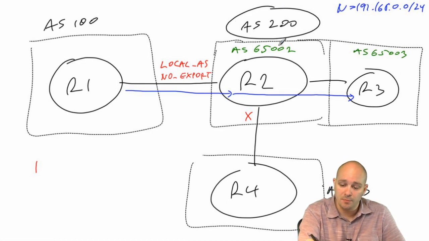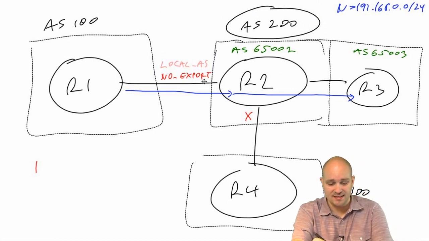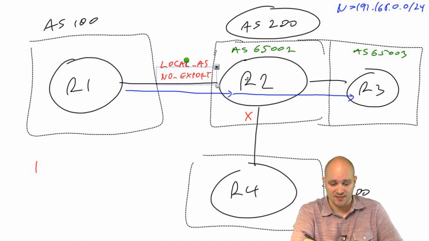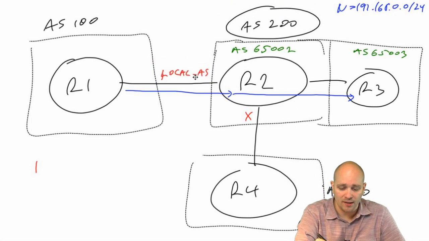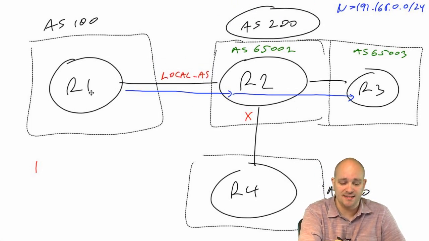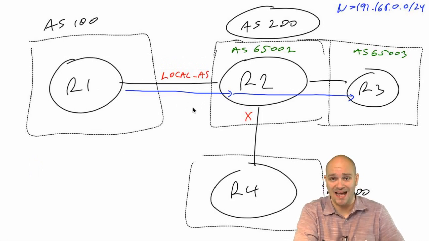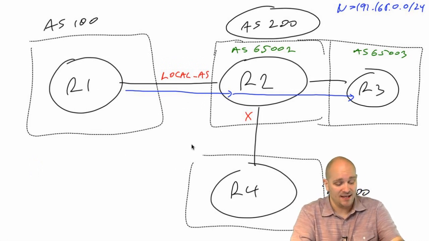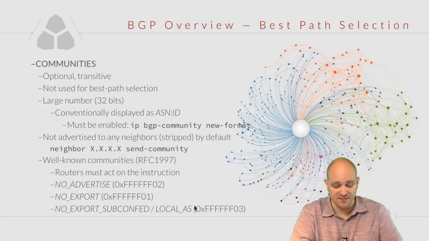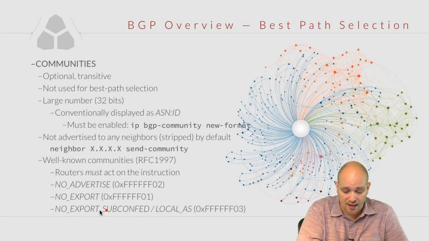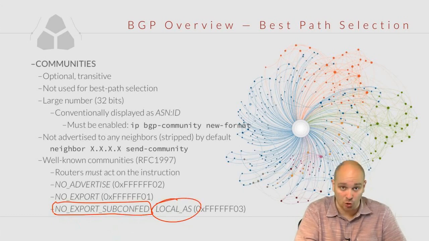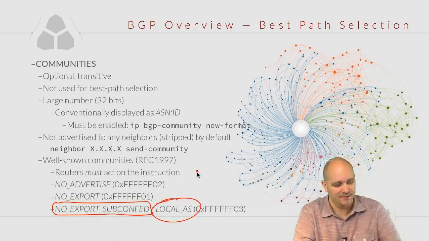Now, they are going to be perceived by the rest of the world as AS 200. And let's say now that instead of using no export, R1 here advertised this prefix with the local AS community, or as it is actually called in the RFC, the no export subconfederation, which makes more sense than the local AS, I have to admit.